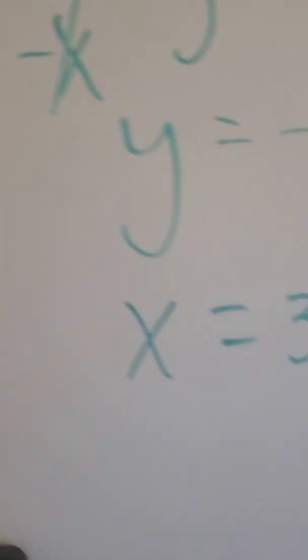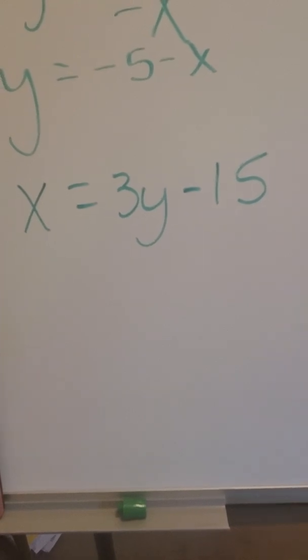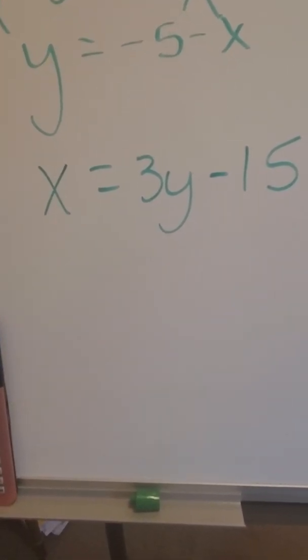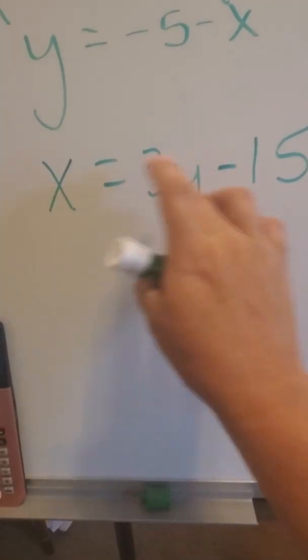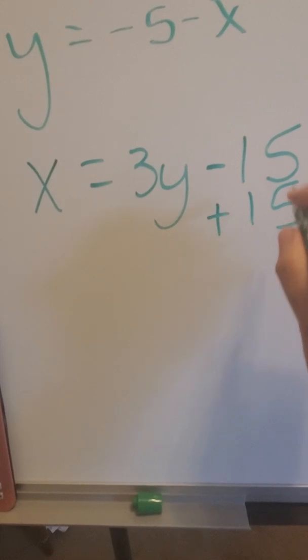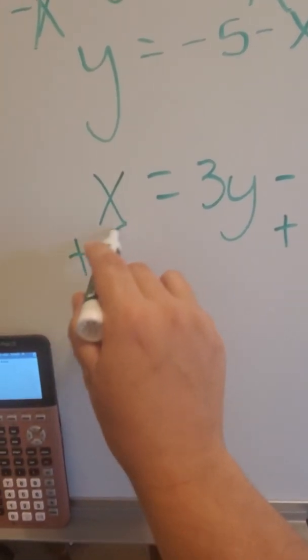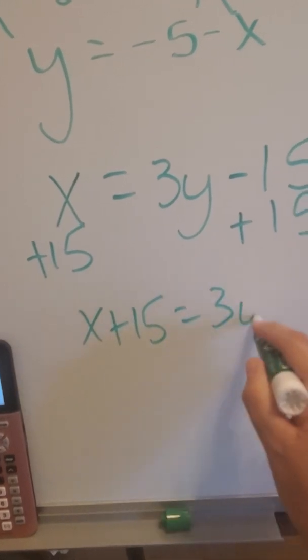Okay, so I've gotten this written over here. X equals 3y minus 15. Now you want to get y by itself. Okay, it doesn't matter that y is on the right. That's okay. I can move 15 over and then divide everything. So I'm going to add 15 because it's a -15, right? So that's x plus 15 equals 3y.